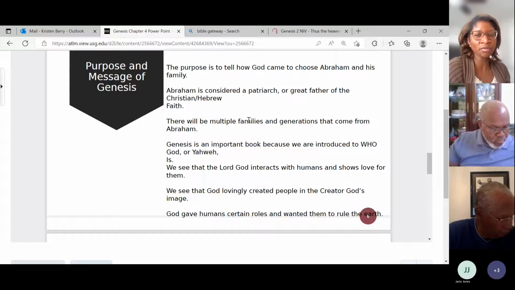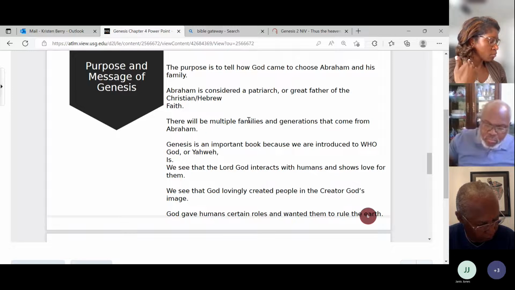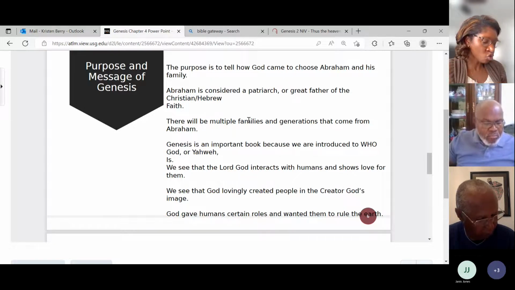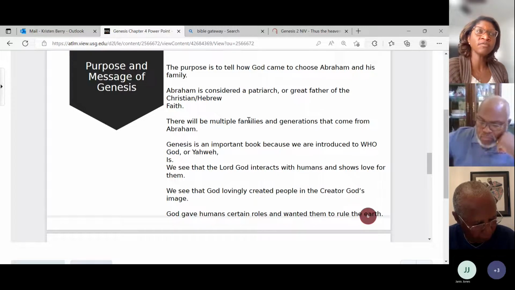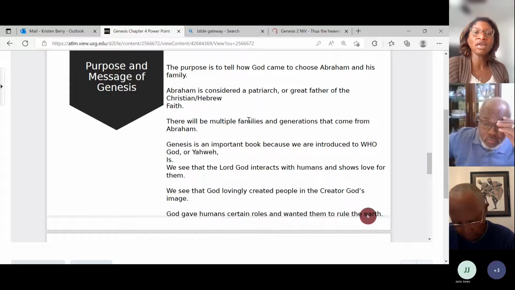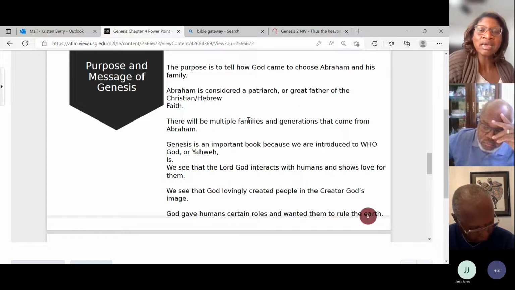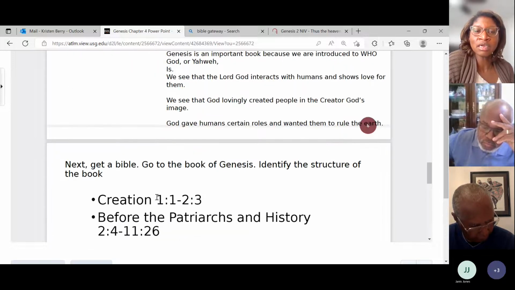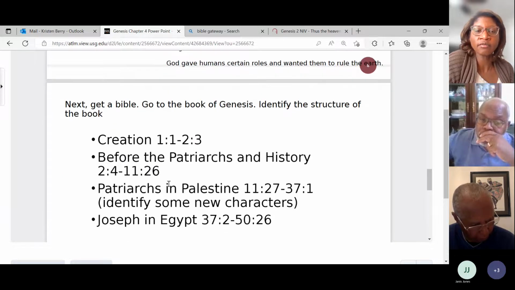It says she laughed, and we learn different stories from these patriarchal individuals, Sarah and Abraham, of having faith, of not knowing where you're going, and the Creator God sends them somewhere. But we see that when God sends them to a different place, it's not a place that hurts them, but it is a place of blessing.